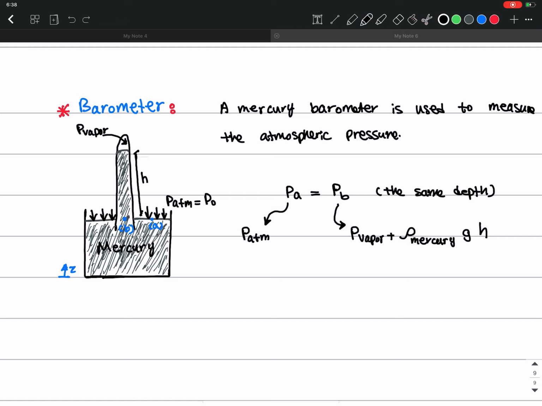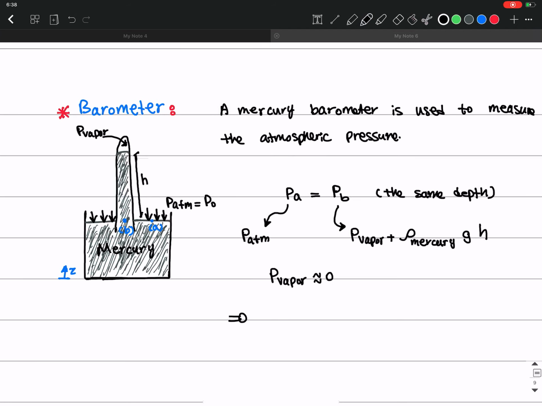So this is how you can get it. And because P vapor, this vapor pressure, is very small, almost zero, we can approximately write that the atmospheric pressure equals rho mercury GH, right?